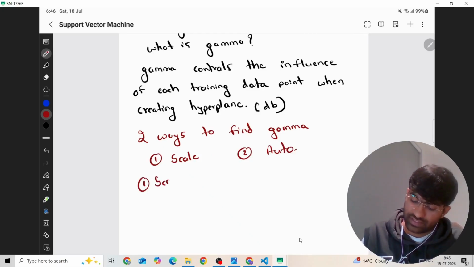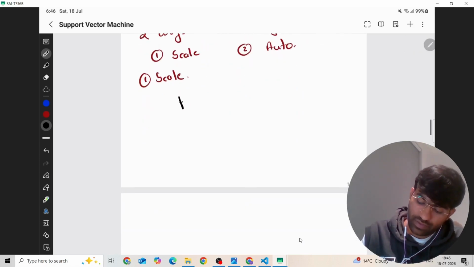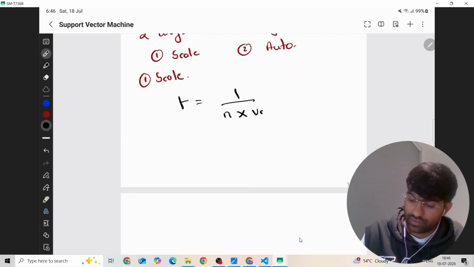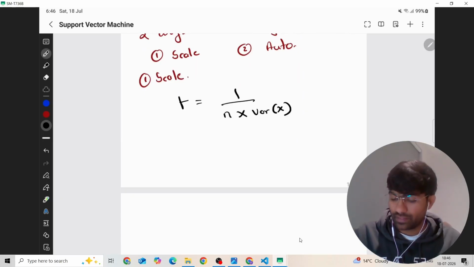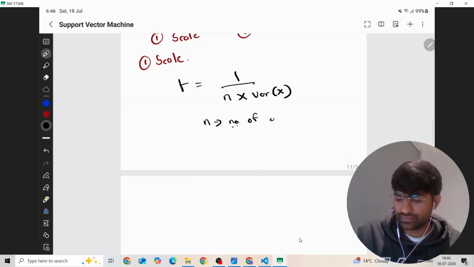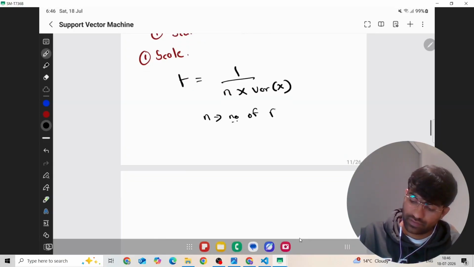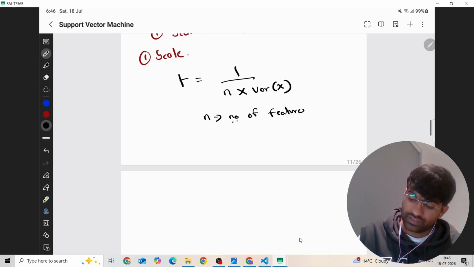So for the scale, we'll calculate gamma as gamma equal to 1 divided by n times variance of x, where n is the number of features, that is columns.